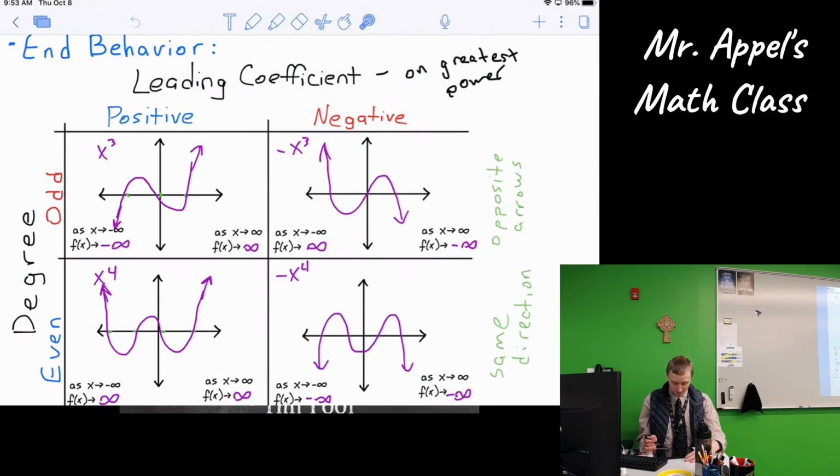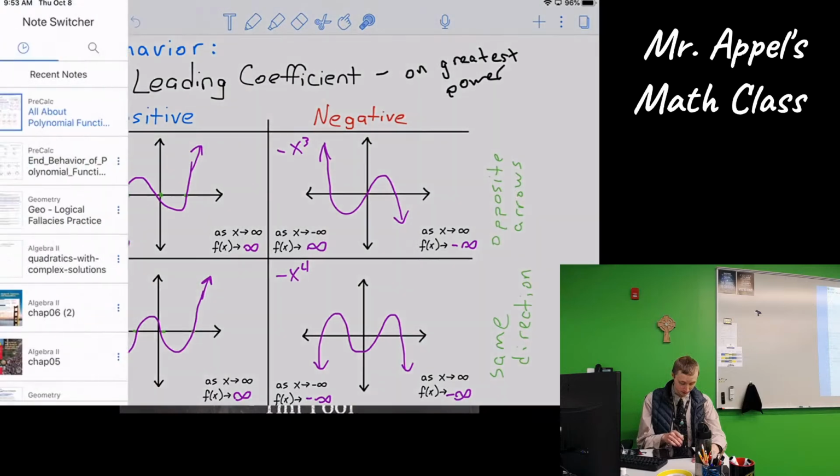So positive 5, power of 2. So leading coefficient is positive. I'm on this column. Degree of 2, 2 is an even number, so I'm in this region here. Both ends are going upward to positive infinity.